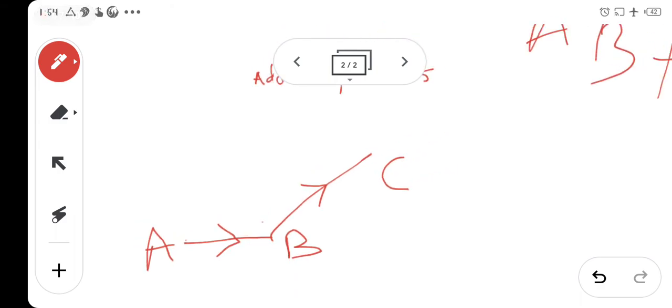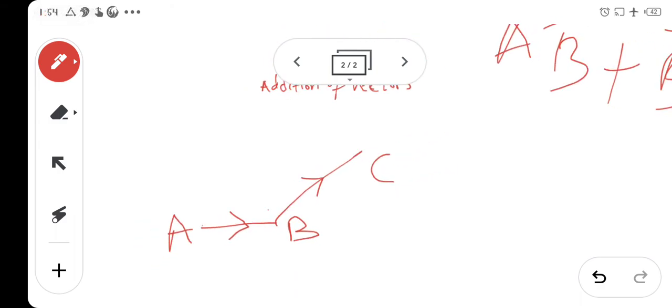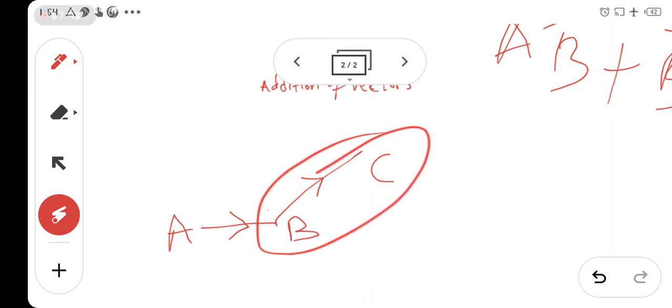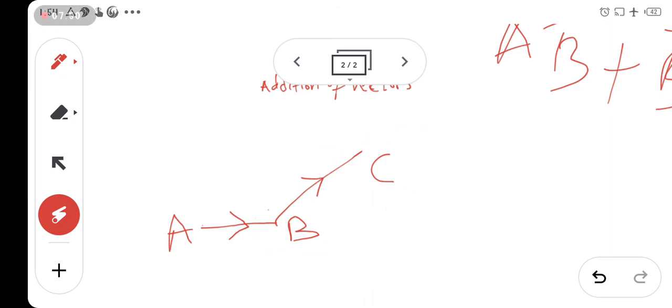Let's assume this is the direction of vector AB and this is the direction of vector BC. So we represented them in both magnitude and direction by two sides of a triangle.